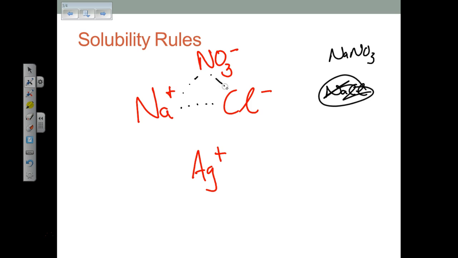Now, these two guys are not going to be attracted to each other. How do I know? Because opposites attract, not like charges. Like charges repel. So these guys are going to be forced away from each other in the solution. And so that really gives us all the options for these guys without silver. Now, same thing with silver. Silver is not going to be attracted to sodium because they're like charges, they're going to repel each other in that solution.